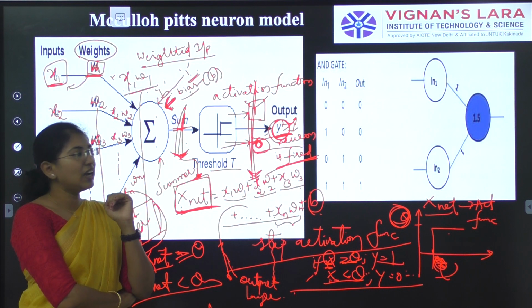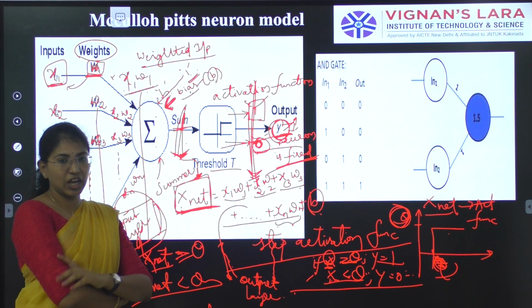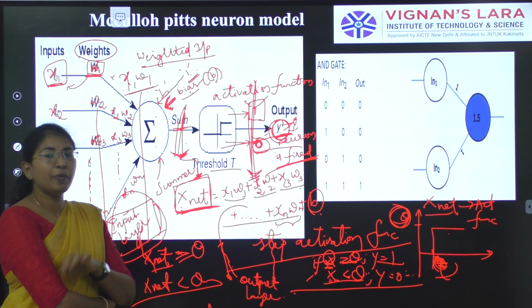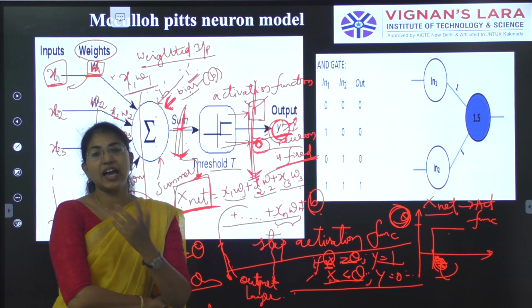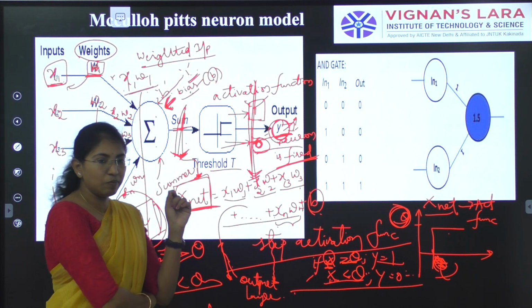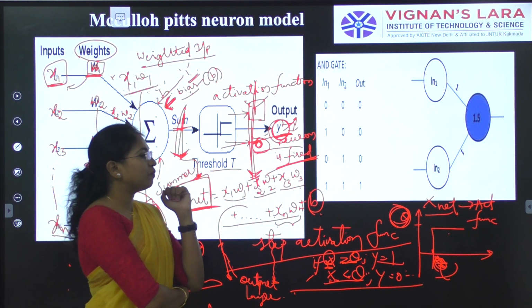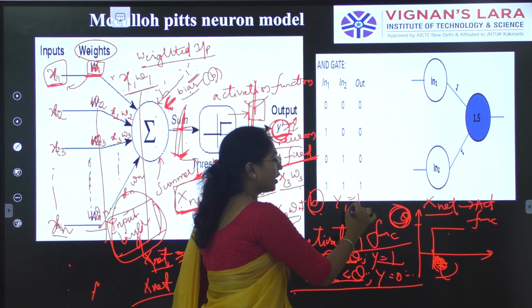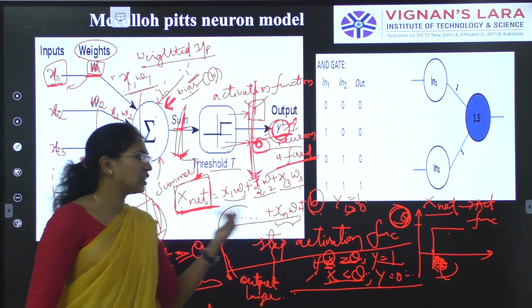Coming to the disadvantage, while performing some action, we get some output Y, and that output can be accurate or inaccurate. So if we want the output as 1, but we are getting the output as 0, how will we get the outputs?